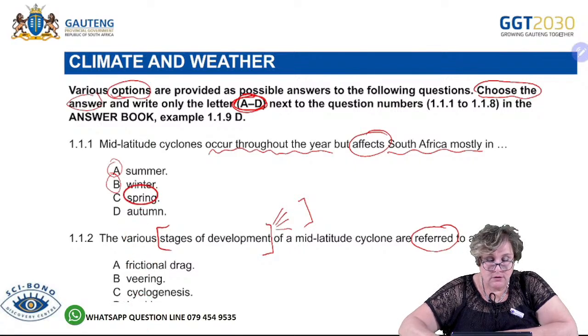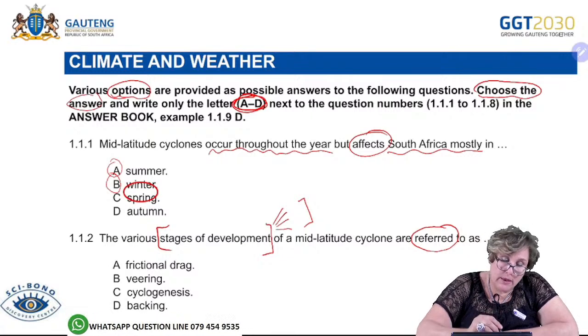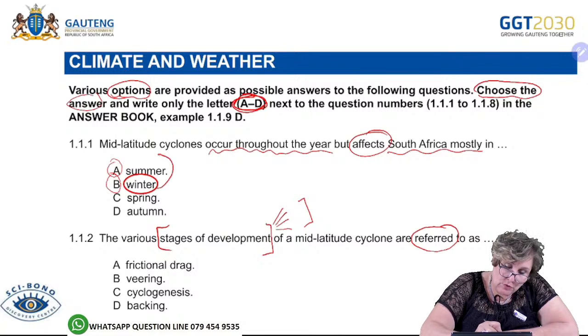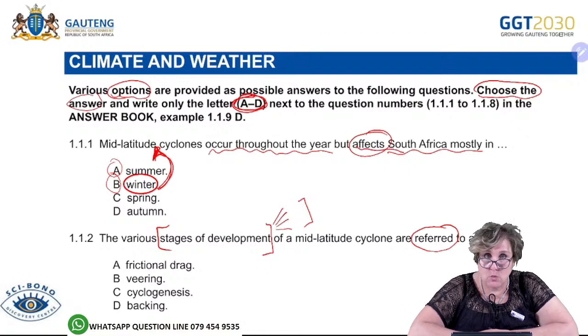Now, boys and girls, the answer for 1.1.1 is winter. Why? Because in your notes, we said that several times, mid-latitude cyclones affect South Africa in winter.